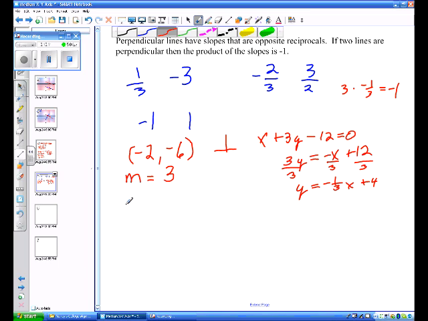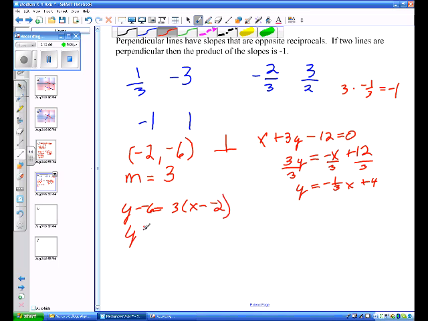So we simply have y minus the given y is equal to the slope times x minus the given x, minus my given x, which was negative 2.